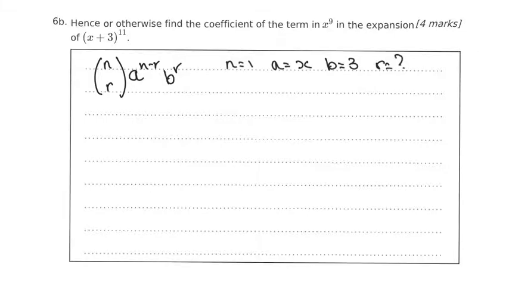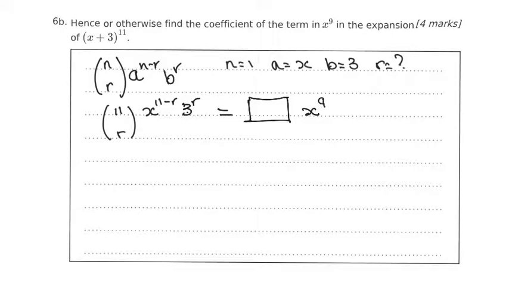So therefore, we have 11 choose r, x to the 11 minus r, 3 to the power of r. And we know that that is equal to some coefficient times x to the power of 9.